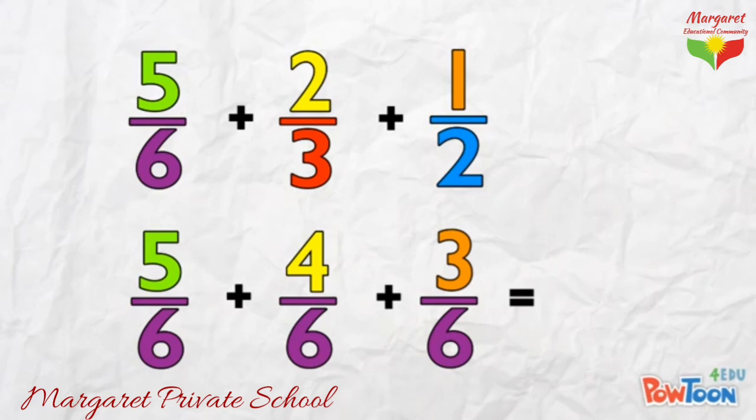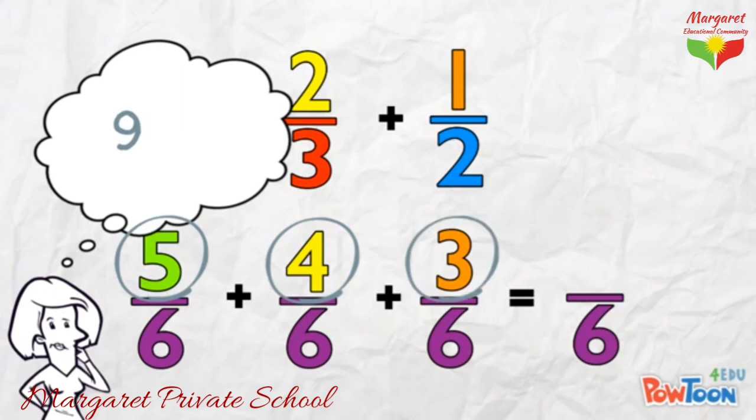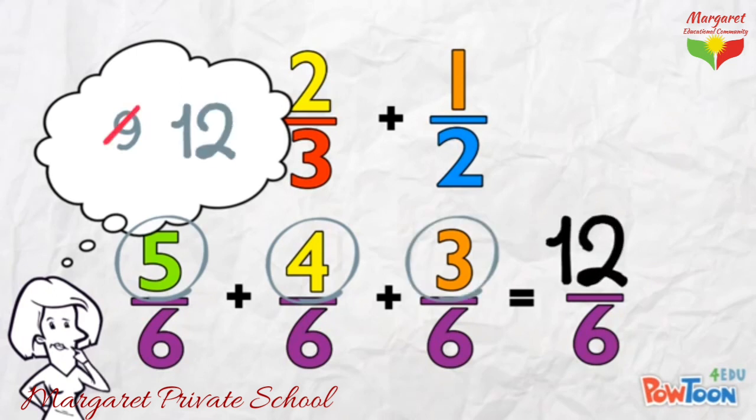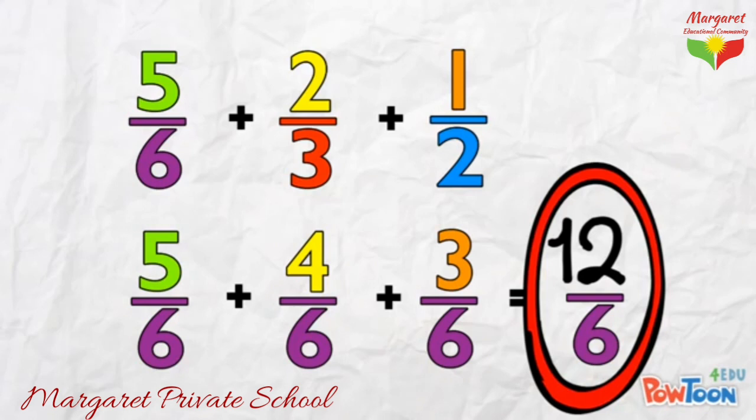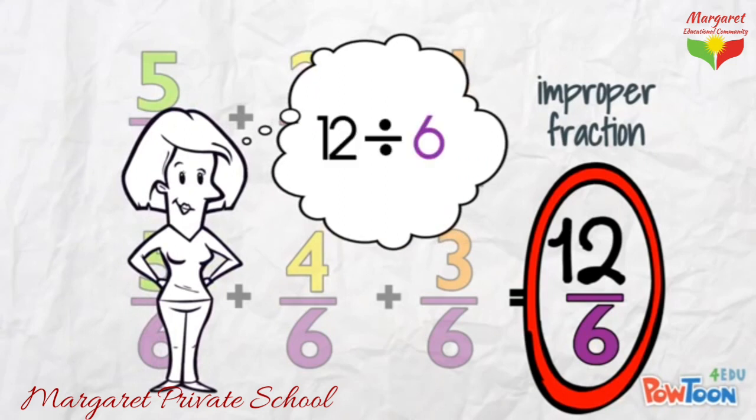Our final fraction will be something over 6. And now we just have to add the numerators. 5 plus 4, that's 9, plus 3, that gives us 12 over 6. That is an improper fraction, and we can't leave it like that, so we have to work it out. 12 divided by 6.